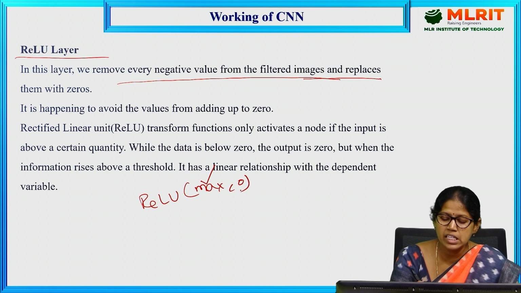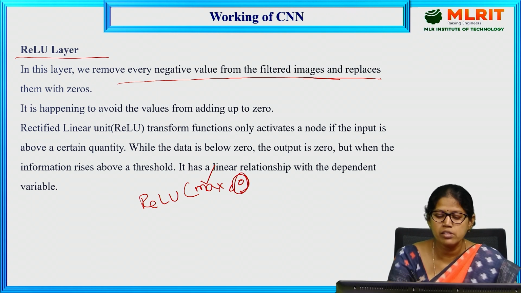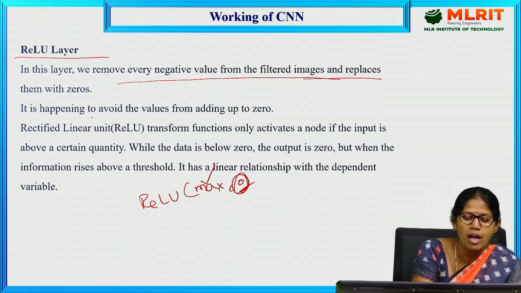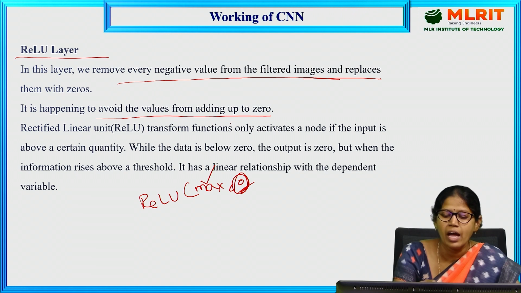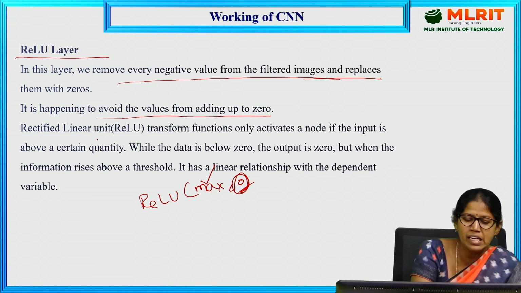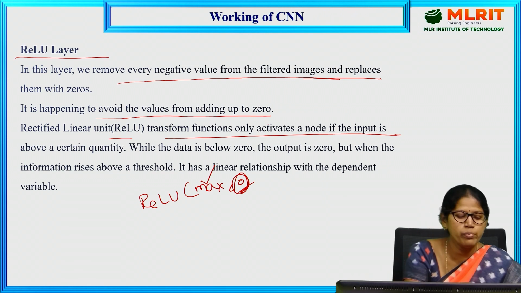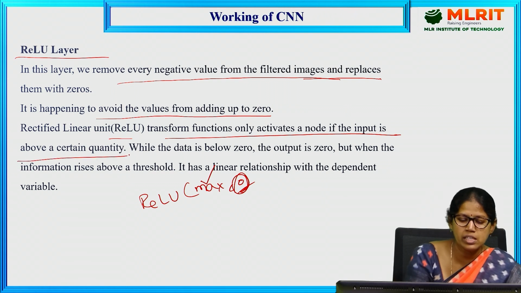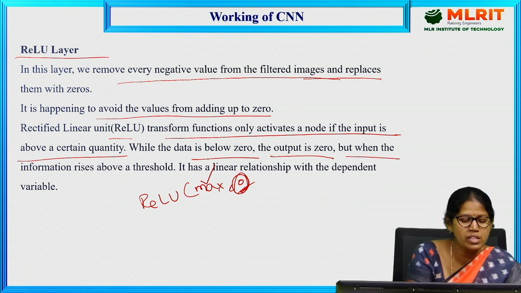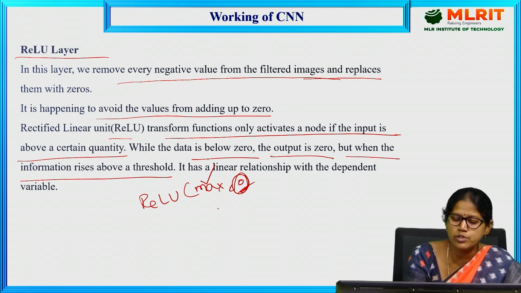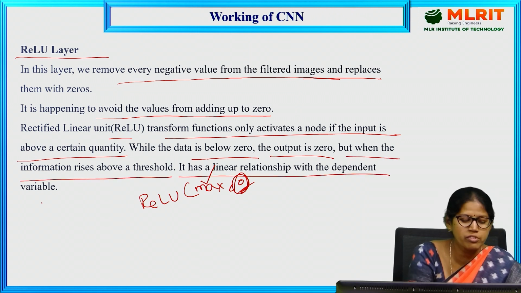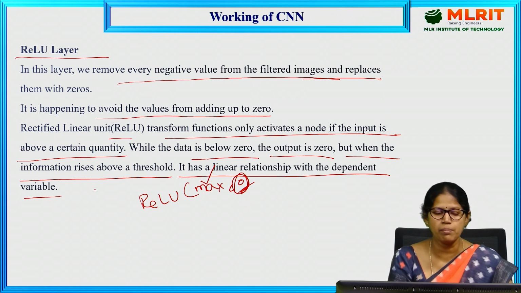If it is a negative value, it becomes 0. This is done to avoid the values adding up to 0. The rectified linear unit transform function only activates a node if the input is above a certain quantity. While the input is below 0, the output is 0. But when the input rises above the threshold, it has a linear relationship with the dependent variable.